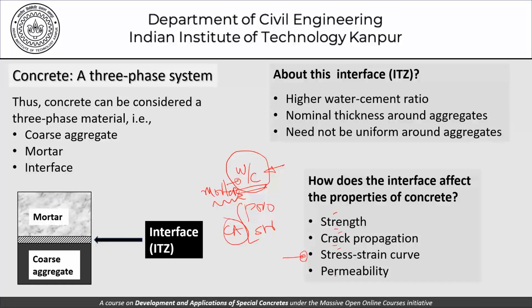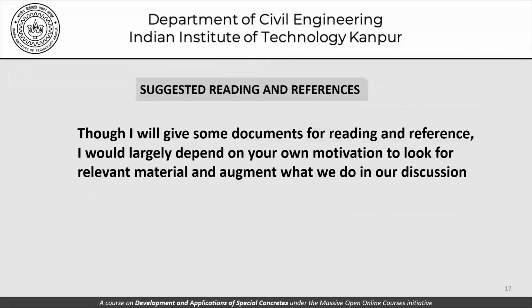So if we are somehow able to control the properties of ITZ, the formation of ITZ, the thickness of ITZ, and so on, and that happens through a control of bleeding in concrete, then we'll probably be able to create a much better concrete, because then we'll be able to utilize the mortar's strength to the maximum.